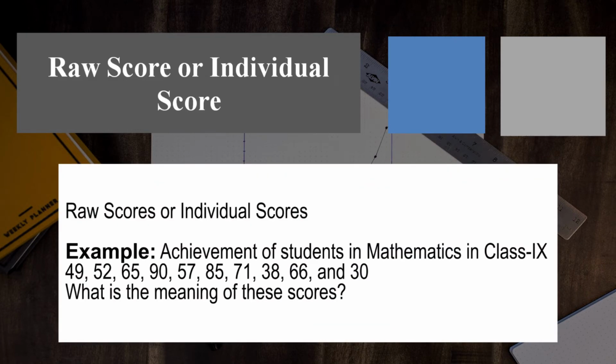As an example, you see achievement of students in mathematics in class 9th, or you can also take an example of any other subject. It may be achievement of students in the subject of social science, in the subject of science, in any class. Being a teacher, you are engaged with teaching.